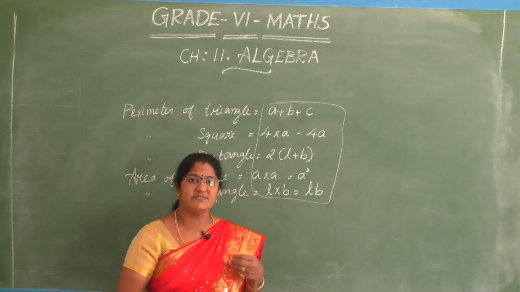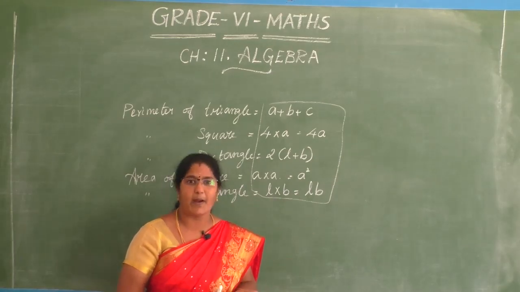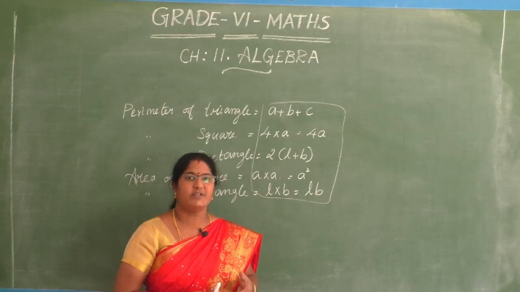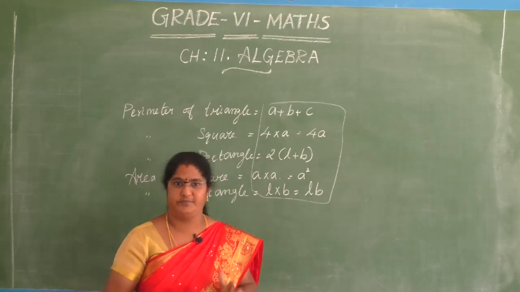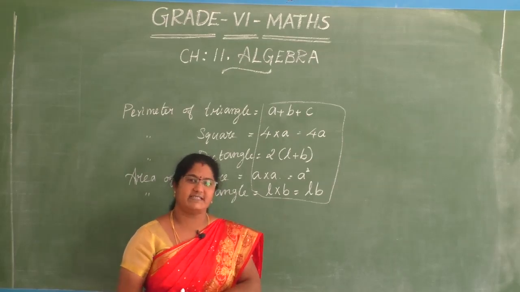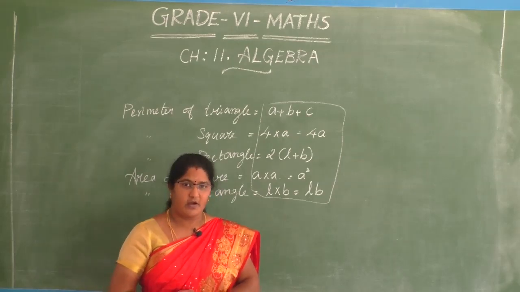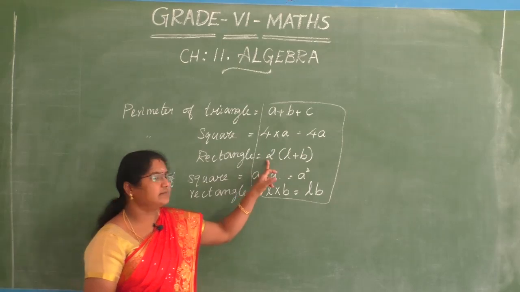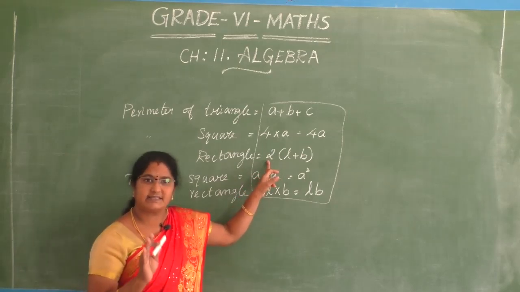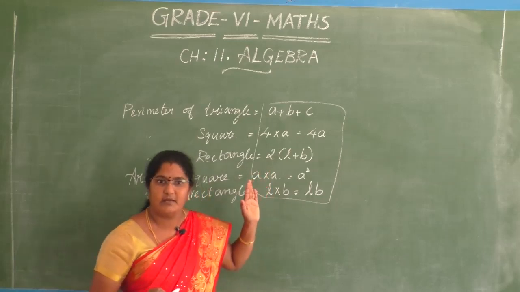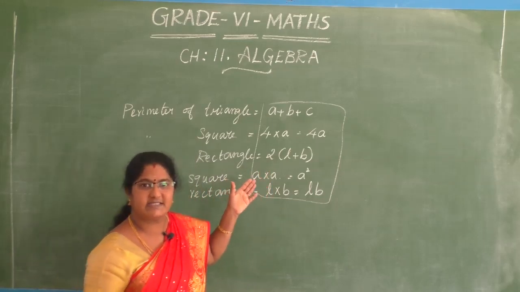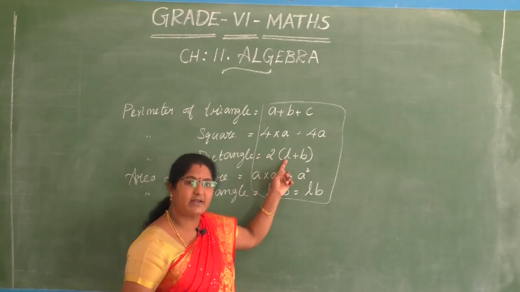For these letters we can substitute any number, any value. So the value of the letters can vary, be different. So it is called a variable. Okay, and a number is a constant. Its value does not change. 2 means 2 only, because it is a number. We can't change its value, but the variable's value can change.